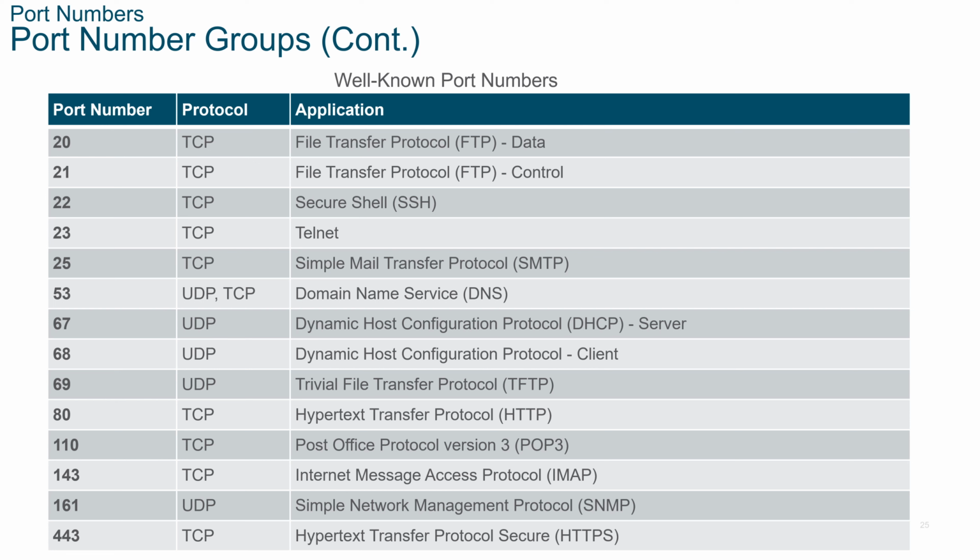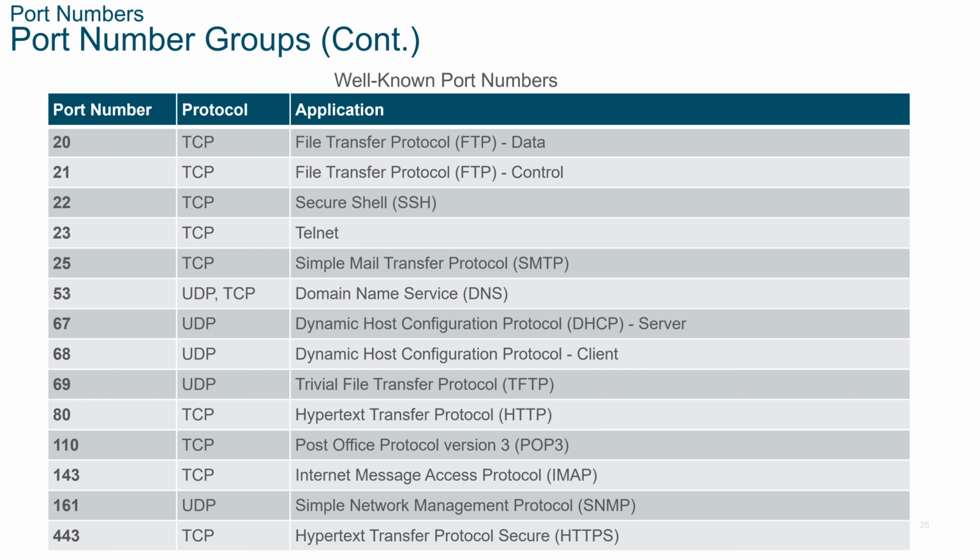So we have port 20, which is TCP, used for FTP. Port 21, which is TCP, again used for FTP. Port 22 is TCP used for SSH, which is Secure Shell. Port 23 is TCP for Telnet. Port 25 is TCP for Simple Mail Transfer Protocol, or SMTP.